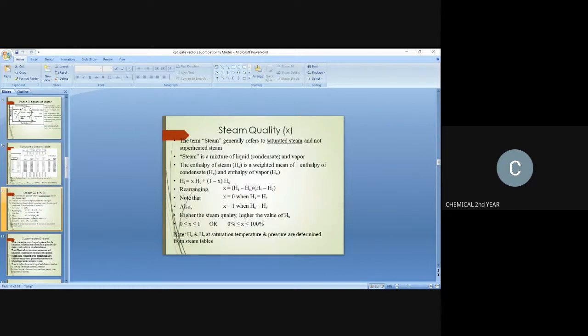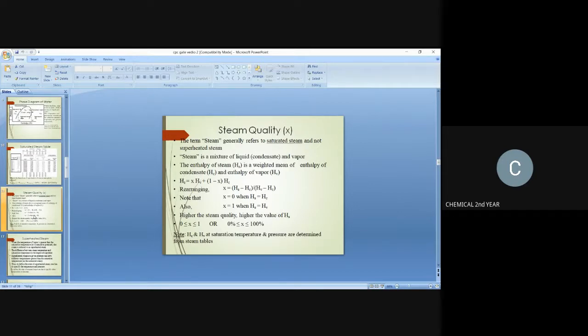Next, steam quality. It is represented by X. The term steam generally refers to the saturated steam and not superheated steam. Steam is a mixture of liquid, that is condensate, and vapor. The enthalpy of steam Hs is a weighted mean of enthalpy of condensate Hc and the enthalpy of vapor Hv.